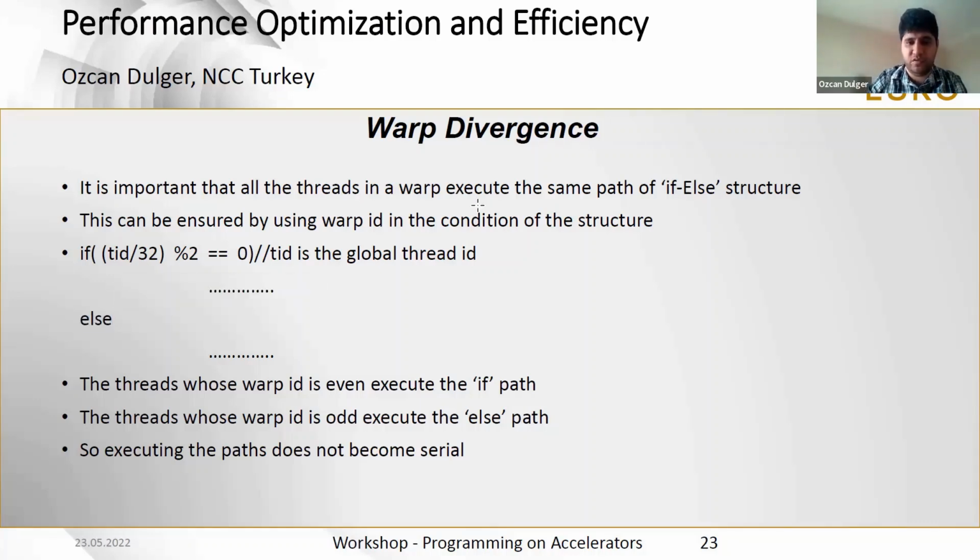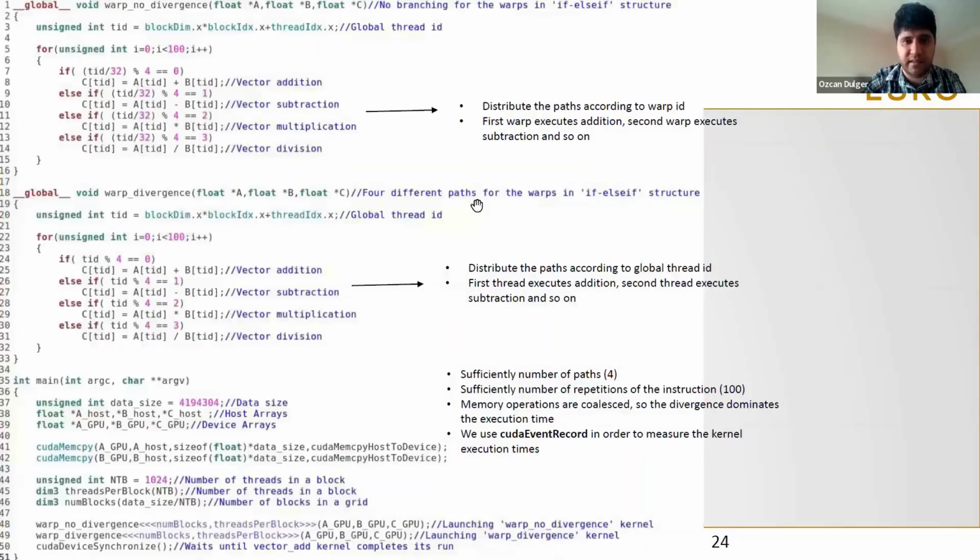And I would like to show you an example. This is the last example. Here, I define two kernels. The first one is the non-divergent version of the if-else structure. Here, there is no divergence because we use the warp ID.